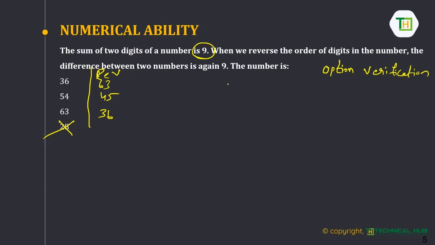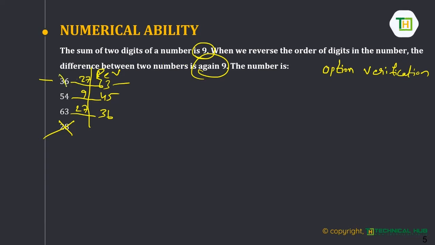Now, once the digits are reversed, the difference between two numbers is again 9. What is the difference between these two? If you observe carefully, here the difference is 27. And here the difference is 9. Here the difference is 27. According to the question, the difference between those two numbers must be 9.